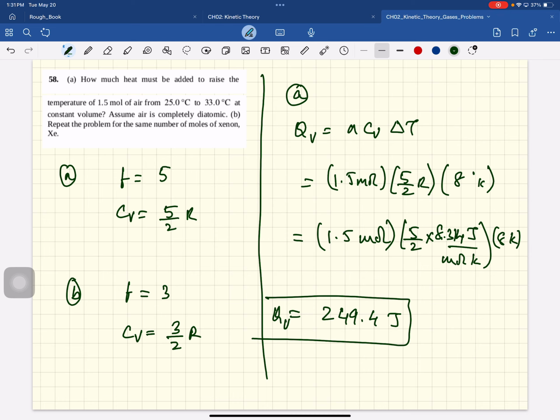All right, so 249 joules. For part B, instead of 5/2, you'd be multiplying by 3/2, so divide this number by 5 and times 3. This divided by 5 is 50, times 3 is 150 joules. So for xenon, it'll work out to 150 joules. So you see it's much easier to heat xenon than air.